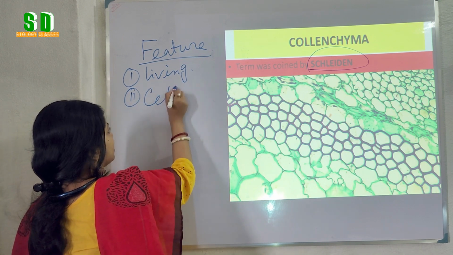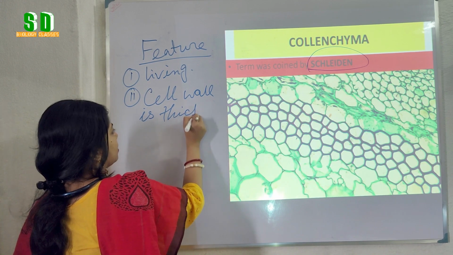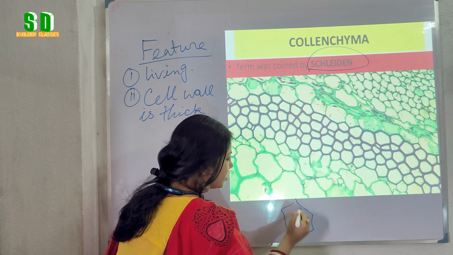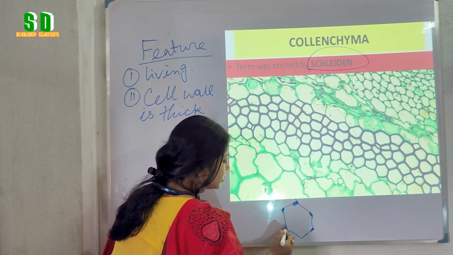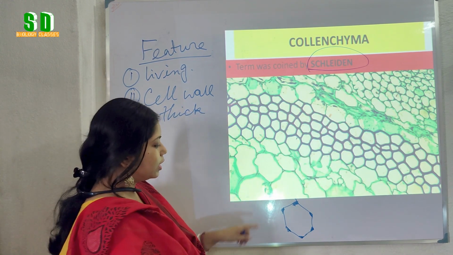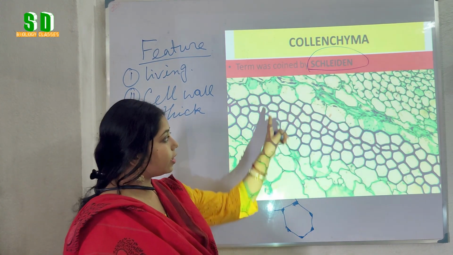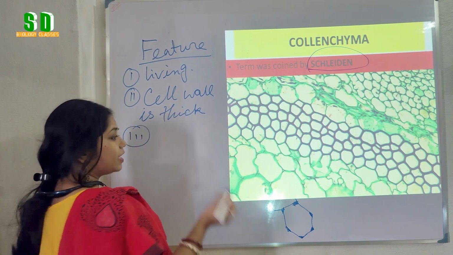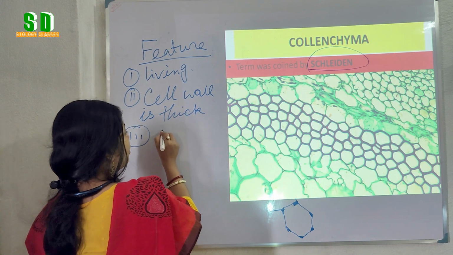They have thick cell wall, but the thickness is found specifically at the corner of the cells. So the corners of the cells are thicker in case of the cell wall of the collenchymatous tissues. And the chemical composition of the cell wall of collenchymatous tissue is pectin.